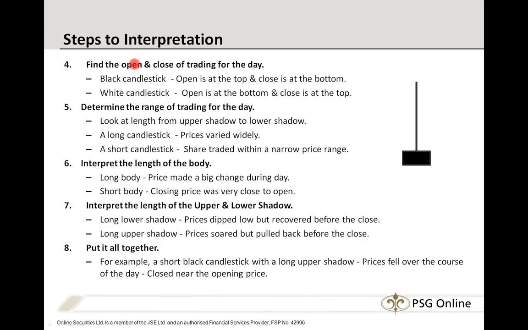So all you want to do is put it all together. For example, in this situation, a short black candle with a long upper shadow, like we have here, prices fell over the course of the day. That's how you interpret it, because that's where we opened and that's where we closed. But the whole day we tried to push the price up, but eventually we ended down, near the opening price.